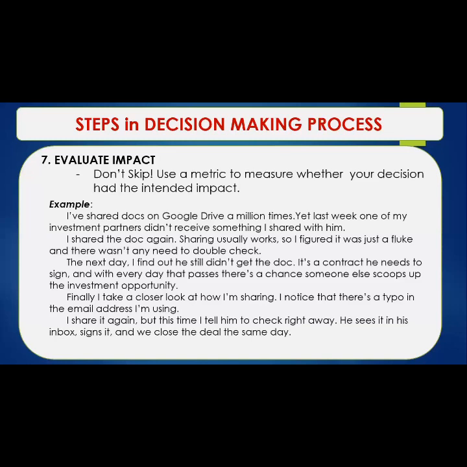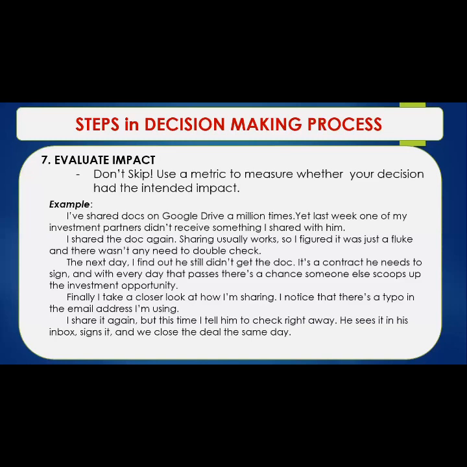I share it again, but this time I tell him to check right away, and he sees it in his inbox, signs it, and we close the deal the same day. Now, it's very easy to overlook this critical step and move on to the next problem. But don't let that happen to you.